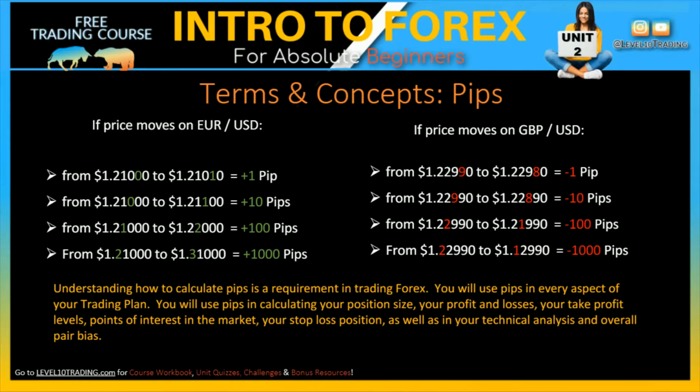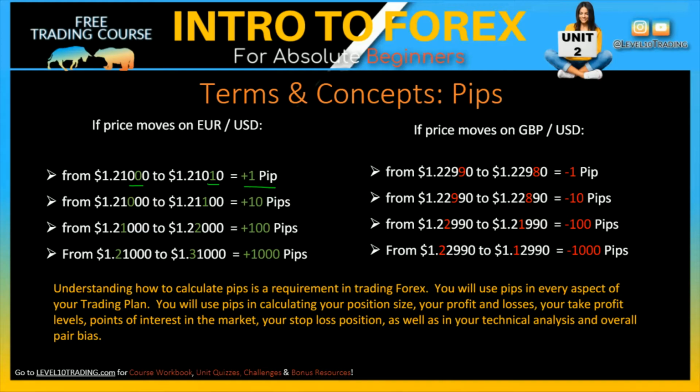So right here, if the Euro USD moves from 1.21000 and then it goes to 1.21010, price has had a value change of 1 pip.